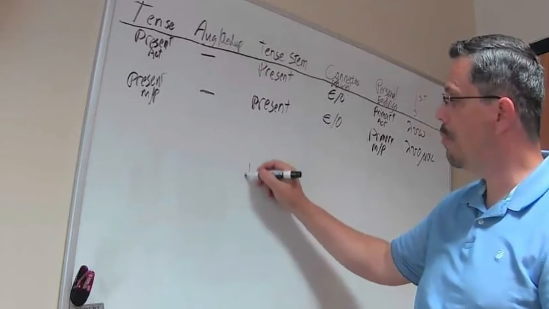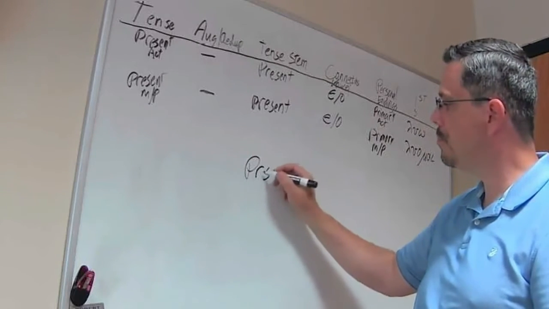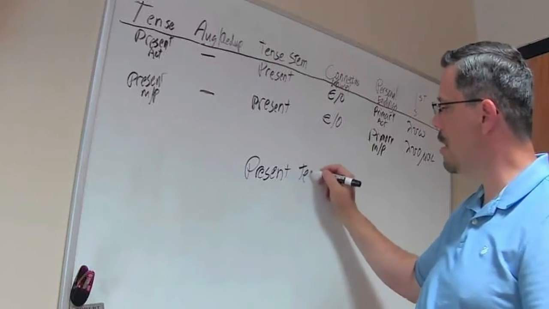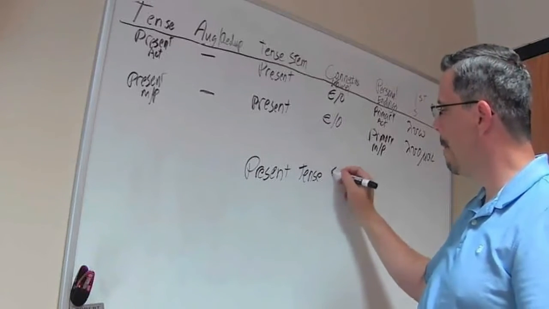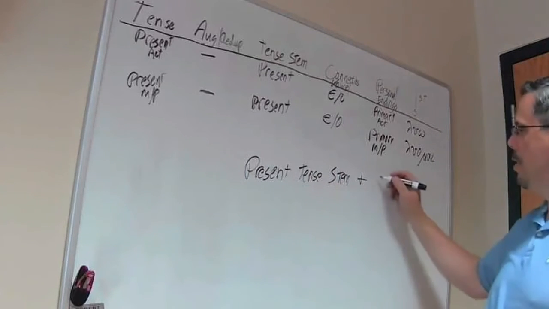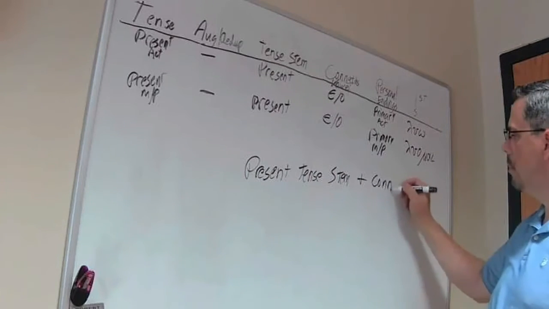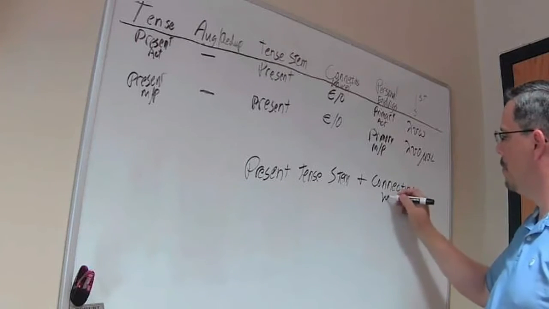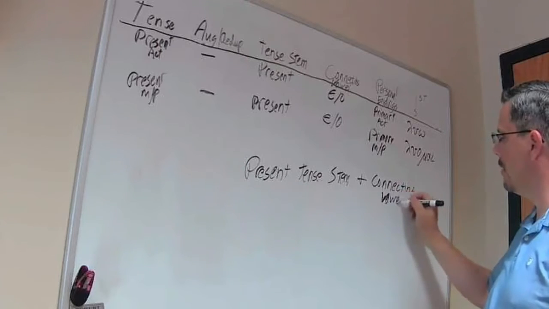All right, so what's the equation to make a present middle passive? You do the present tense stem. You add to it the connecting vowel.